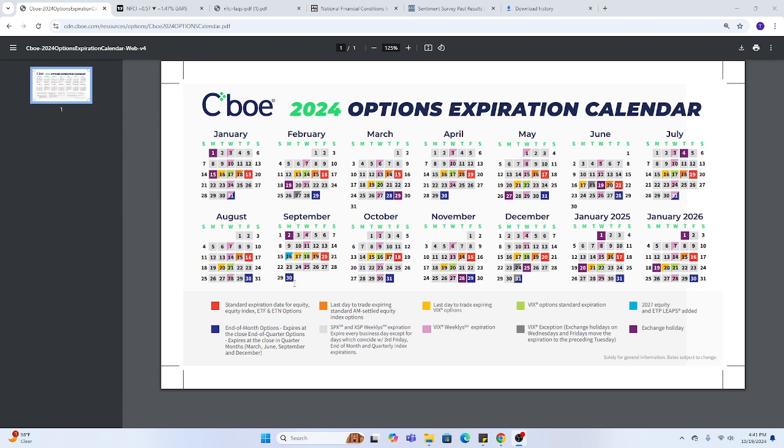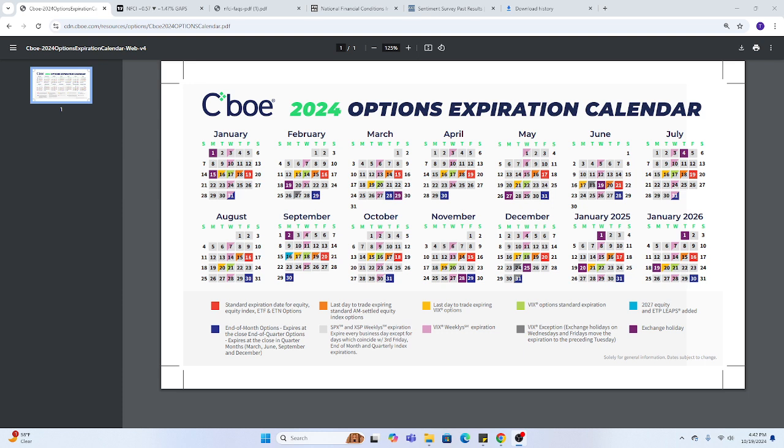Now, you're going to want to put more weight on your quarterlies as opposed to your monthlies. And if you just start tracking those simple things, whether you're trading futures or equities, whatever it may be, start looking at when the VIX expires.